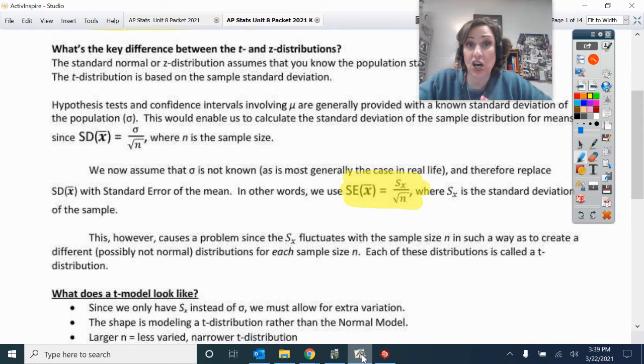But this guy named Gossett wanted to publish those. Well, the Guinness Brewery Company wanted to publish those and make a profit from them, and he did not want that to happen. So he decided to publish all of those tables that contained all of the math to do the areas for every single one of those t-distribution curves, and he signed it Student.